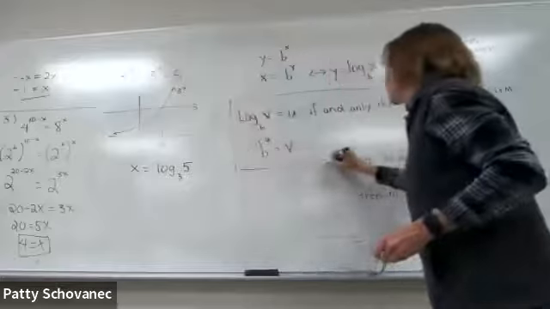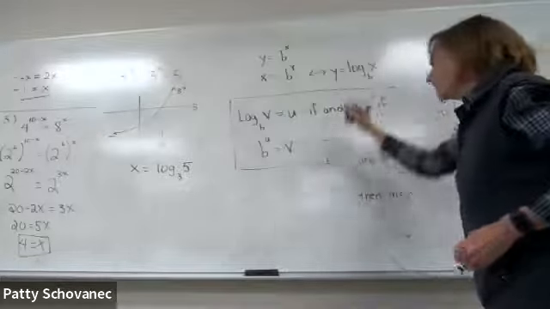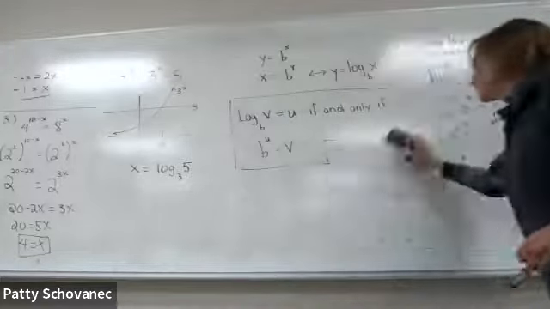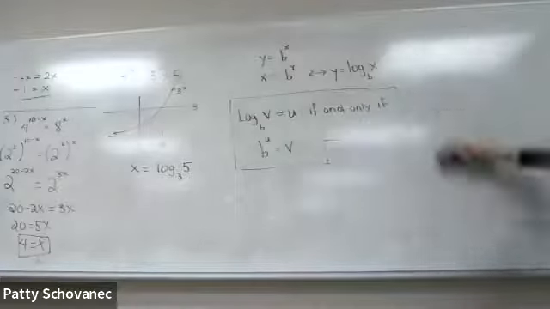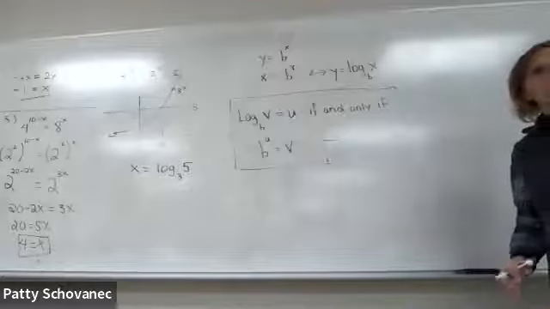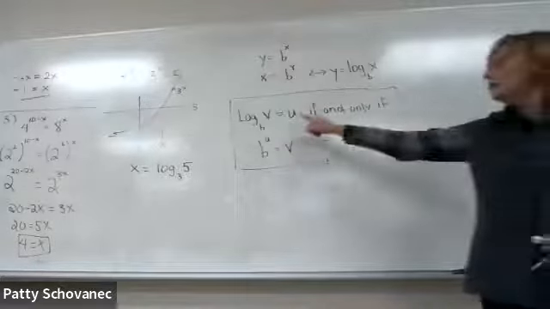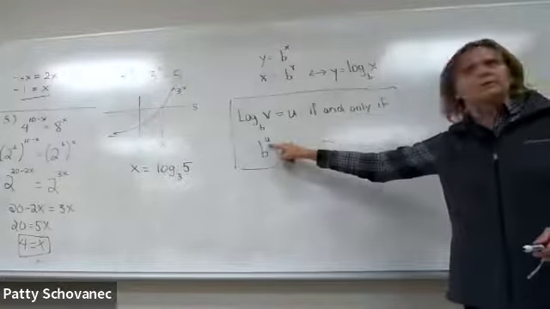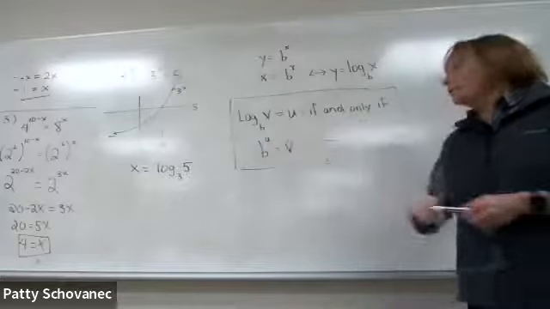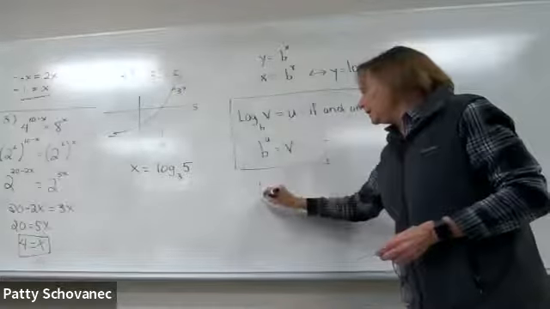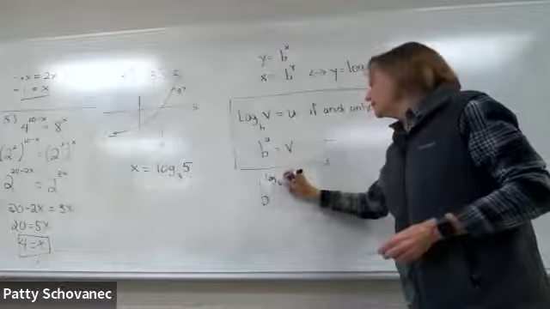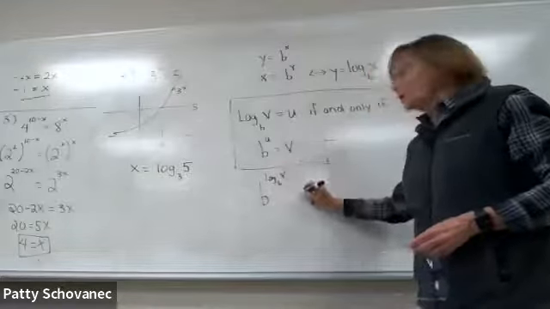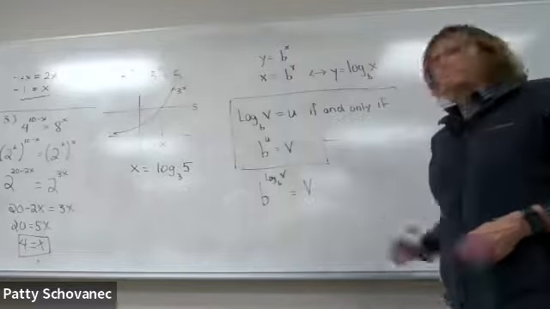There's my definition of the logarithm base b. Logarithm finds an exponent. This number here is that exponent. Or in other words, it says b raised to the logarithm base b of that value v is v.